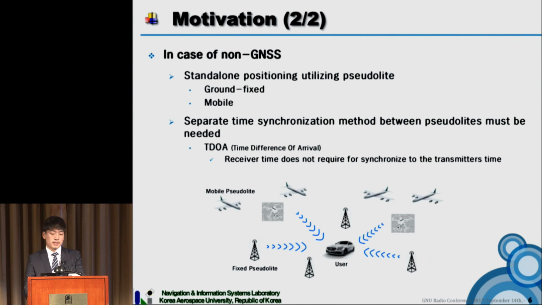And a pseudolite is not a real satellite, but replaces the role of a navigation satellite. Pseudolites can be divided into ground-fixed pseudolites and mobile ones. And the time difference of arrival method is frequently used in pseudolite positioning systems because the receiver time does not need to be synchronized with the transmitter's time.